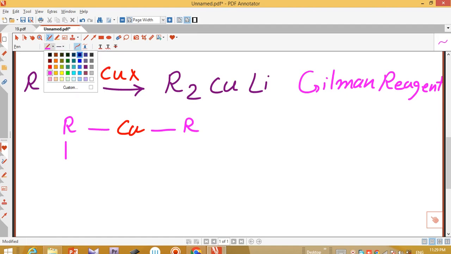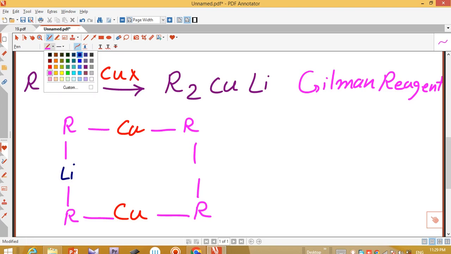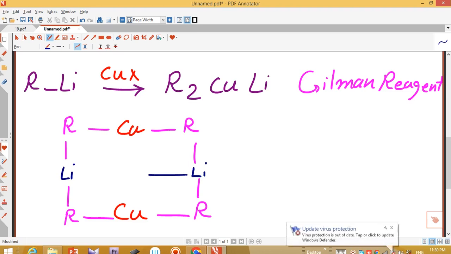Two alkyl groups are connected to Cu, and in another dimension we have lithium connected to two alkyl groups. Again, one copper is between two alkyls, and two alkyls are connected to each other through one lithium. That's right, my friends. We will have one lithium here. Very easy.